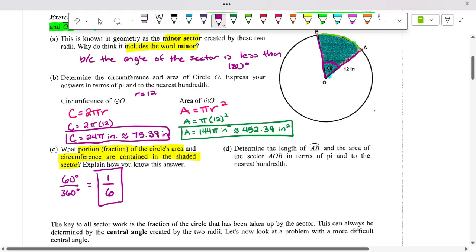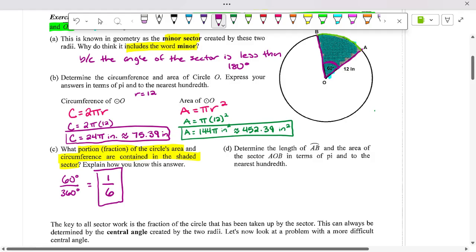What if I told you that the area of this circle is 8? What's the area of 1? 2. How do you know? 2/4 is 8. But if I said the area of this was 12, 3. How do you know?